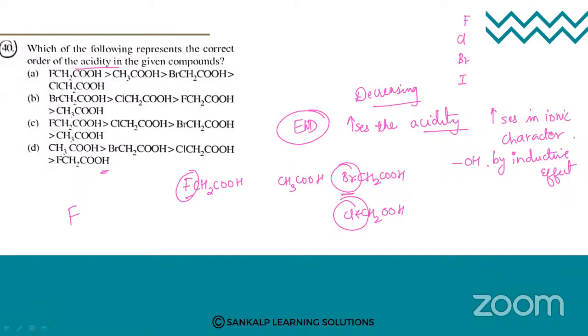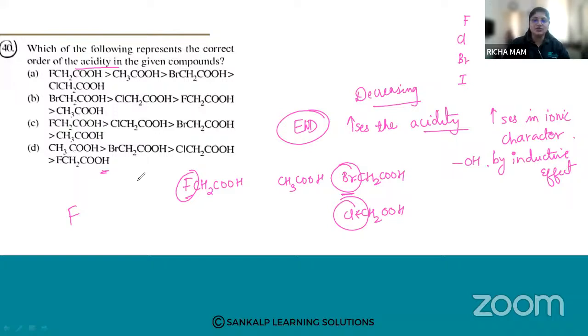Fluorine is the most electronegative atom, then chlorine, then bromine, and then CH3. So which is the correct answer? CH3, then bromine, chlorine, and fluorine. So option number C. Yes, others?